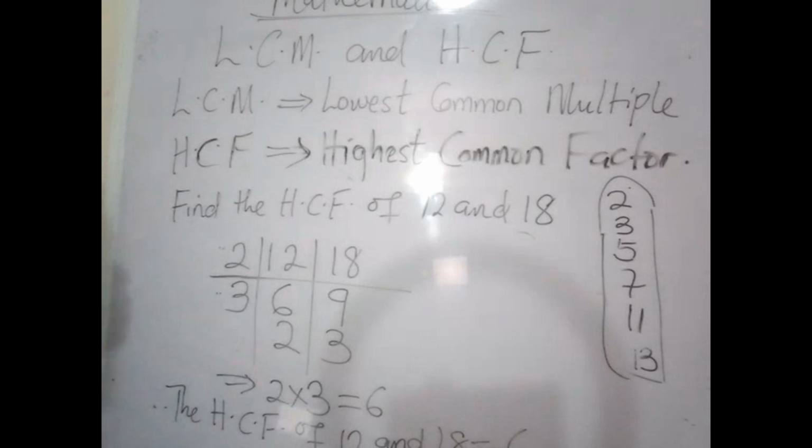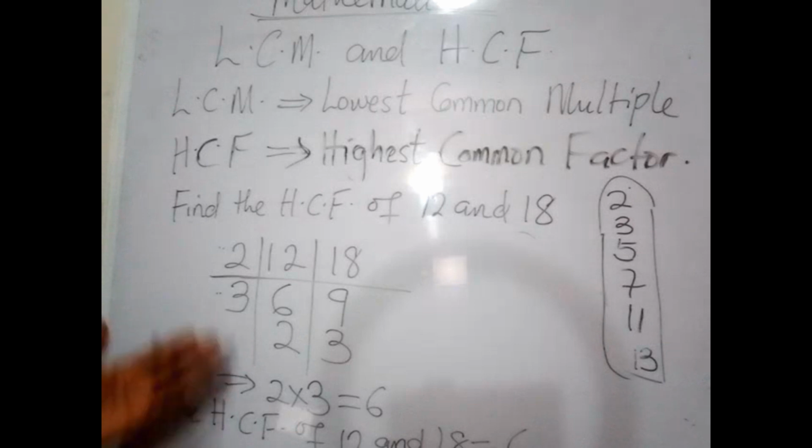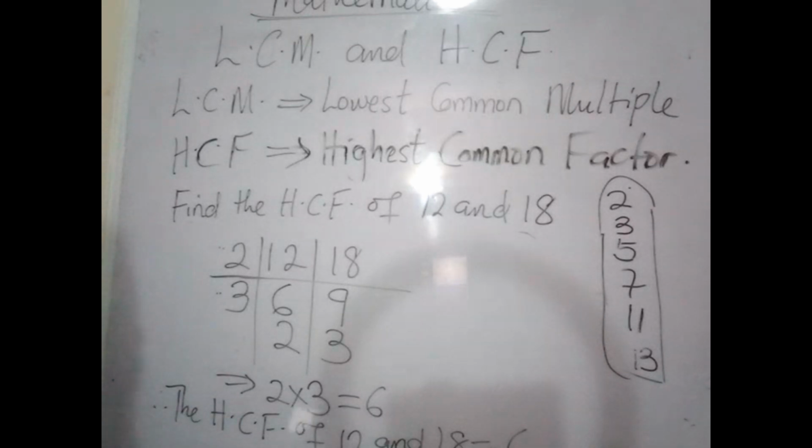Is 6. The HCF of 12 and 18 is 6. So we see this is exactly the same answer we got when we used the prime factorization method. So whether you use the prime factorization method or this long division, as long as you understand what you are looking out for, you will definitely get the same answer.